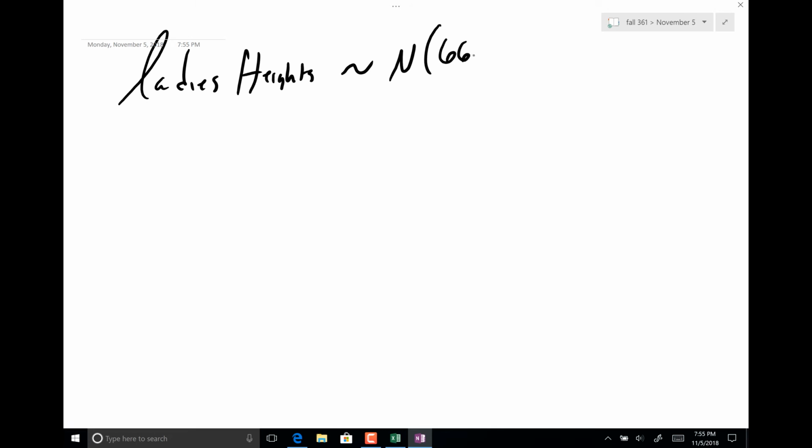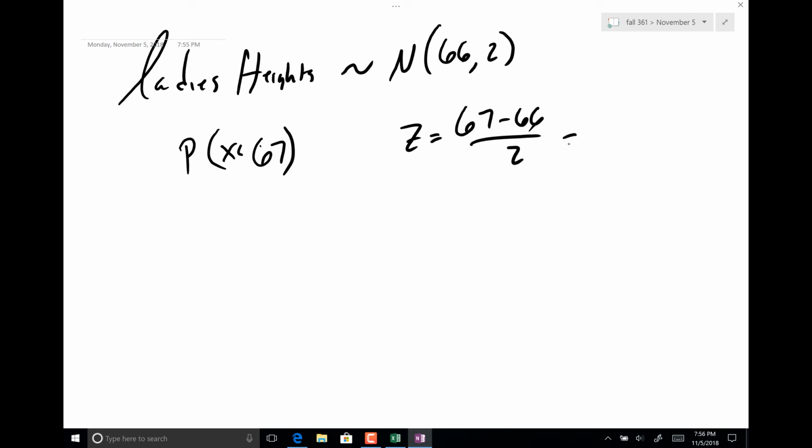Turns out the average is about 66 inches for women in the U.S. So if you were to say, listen, I am, I don't know, how tall are you? 5'7", let's say. So if you were 5'7", here's my question to you. What's the probability that X is less than or equal to 5'7"? Well, I would do this. 67 minus 66 over 2 is a half, obviously.